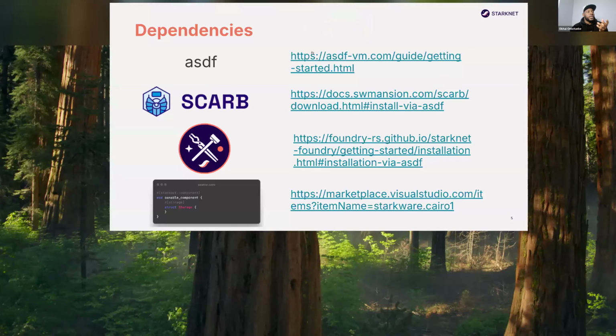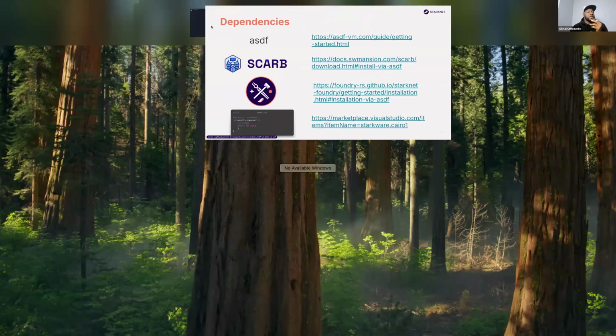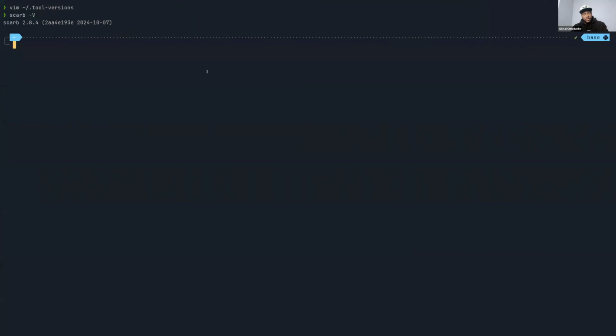Okay. So again, we have ASDF installed, we have Scarb installed. The next one will be Foundry. So again, you can go with Foundry, but I believe ASDF also has Foundry, so we can check. ASDF and Foundry. So it's called Starknet Foundry. You see all the lists.